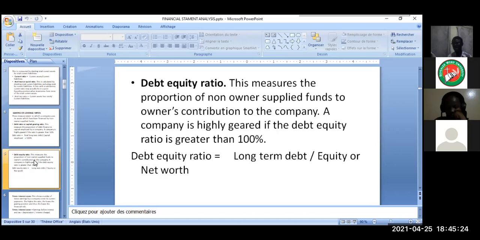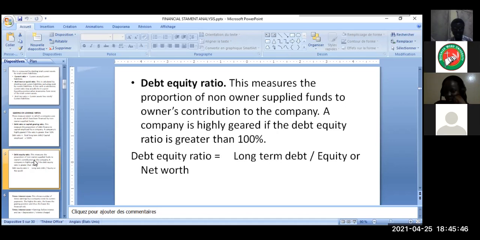So equity, remember the accounting equation, which is equal to assets equals to, somebody to complete me, assets equals to liabilities and owners' capital, or equity.